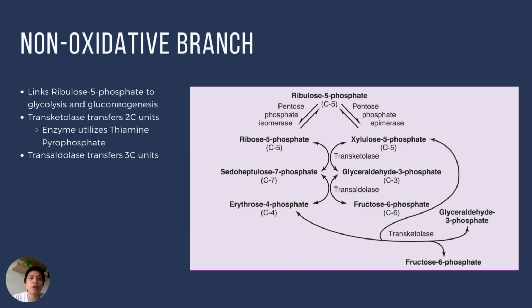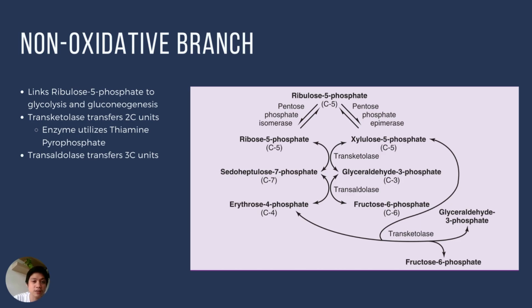Again, ribulose is a ketone sugar and ribose is an aldehyde sugar. Ribulose is a ketose, ribose is an aldose. So with the action of isomerase, we have converted the ketose into an aldose.